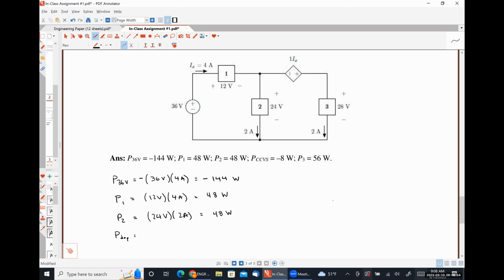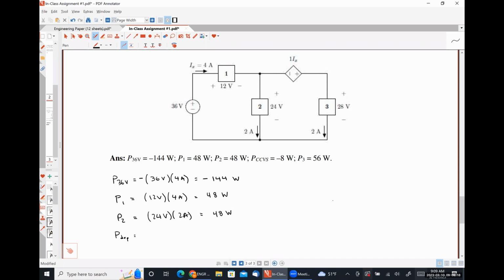You're right, by the way. Okay, so you're 100% correct there. It's 1 times Ix, and Ix is equal to 4 amps, so it's 1 times 4 amps. But how do we get volts out of that? Because the 1 has to have units of volts per amp, because this is a current controlled voltage source, right?